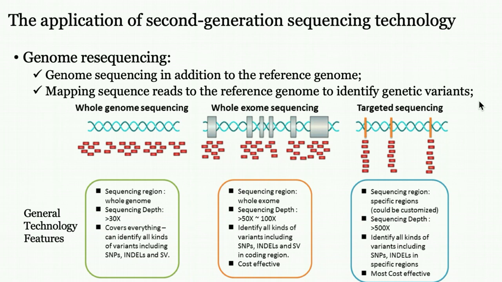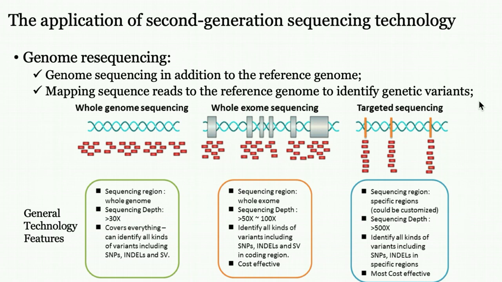And then we sequence those regions covering the exons. For targeted sequencing, similarly, you can use a probe-based hybridization approach to fish those target regions out. But if you have a small region, a region that is a few hundred base pairs long, another approach is to just do a PCR amplification and amplify that region. But PCR amplification is not really applicable for whole exome sequencing because there are too many places in the genome.